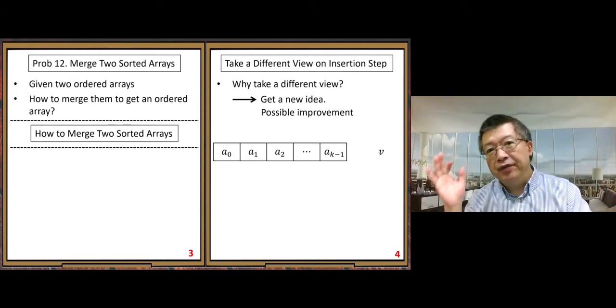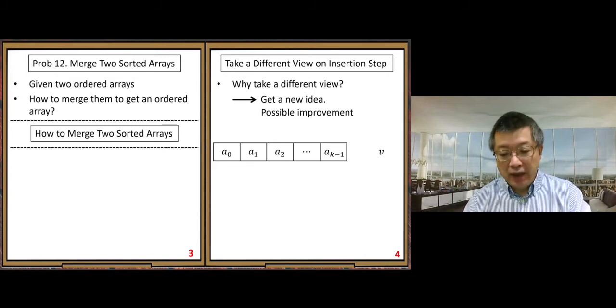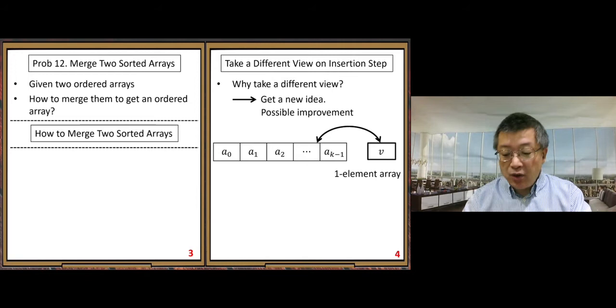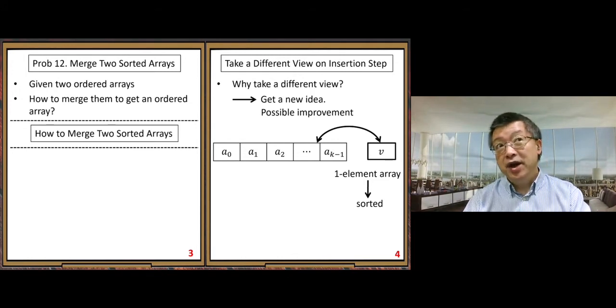Now let us take this view. This V, we can treat it as a one-element array, right? That is still another array, a one-element array. And this one-element array, we can also treat as a sorted array. So here you can see the insertion step becomes a special merge step. Merge two ordered arrays.